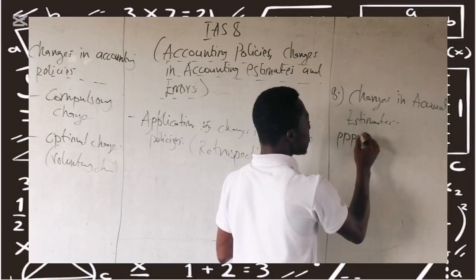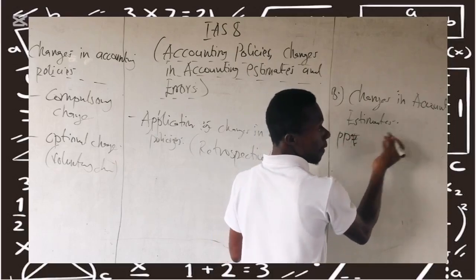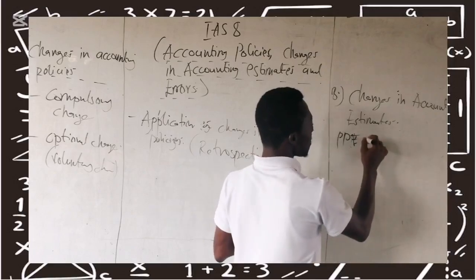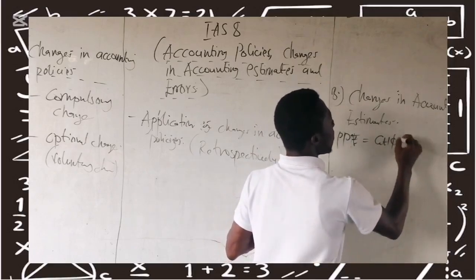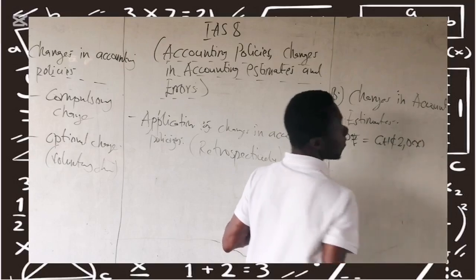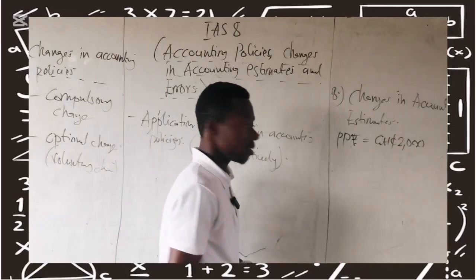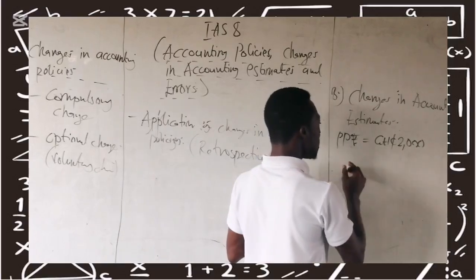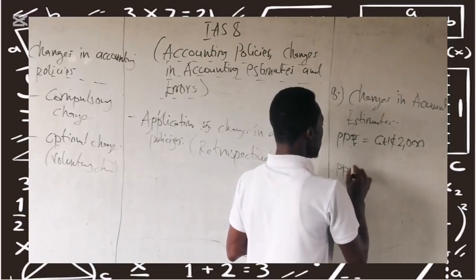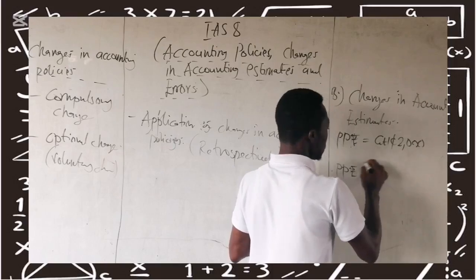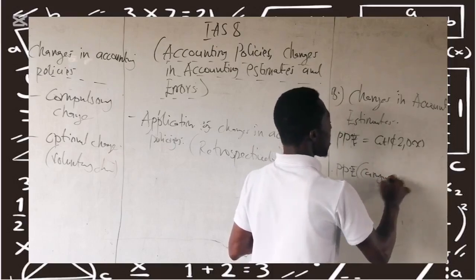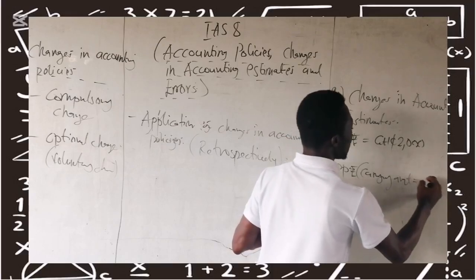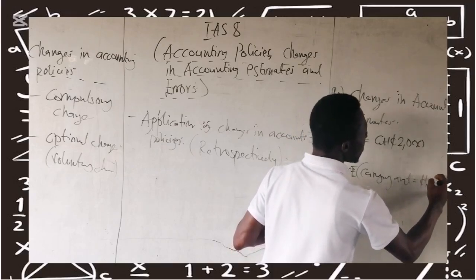Now, let's say we have PPE. Let's say when we bought it, the carrying amount was 2,000 Ghana cedis. Now we have used it for about 2 years, and its carrying amount is, say, 1,500.